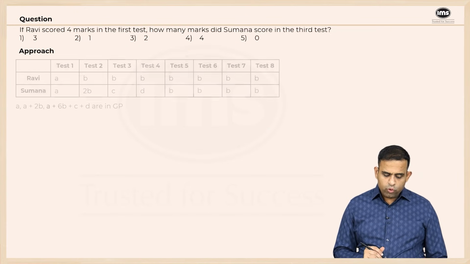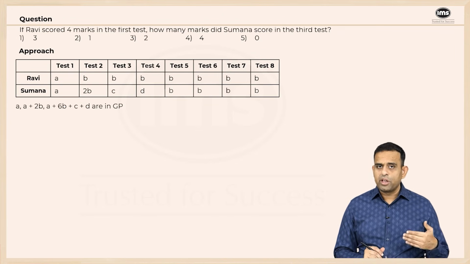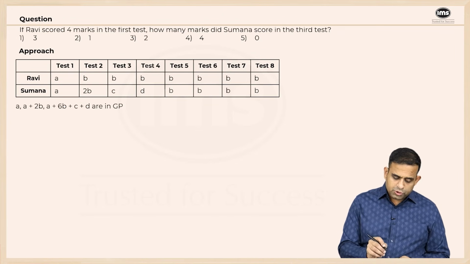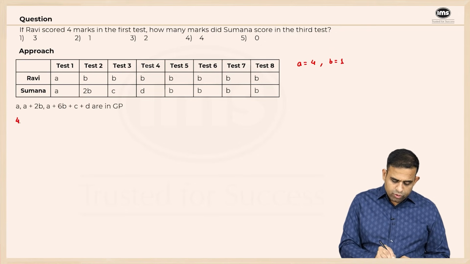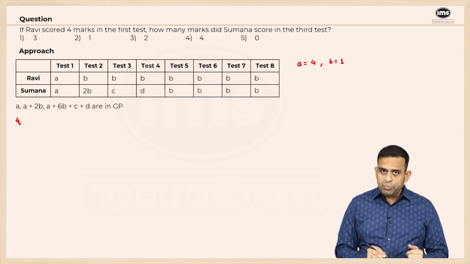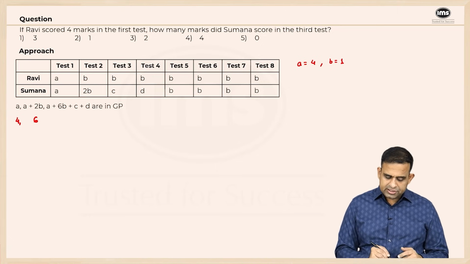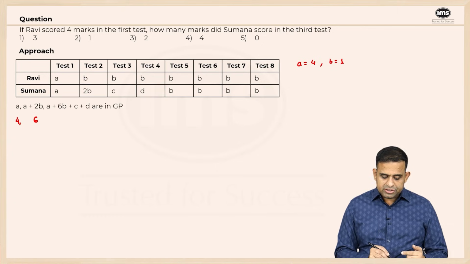Then if I look at the next one, it says if Ravi scored 4 marks in the first test, so they are talking about the possibility of a being equal to 4. So I will take the case of a as 4 and b equal to 1. So the term a will become 4. The term a plus 2b will become 6. So 4 plus 2 will become 6.